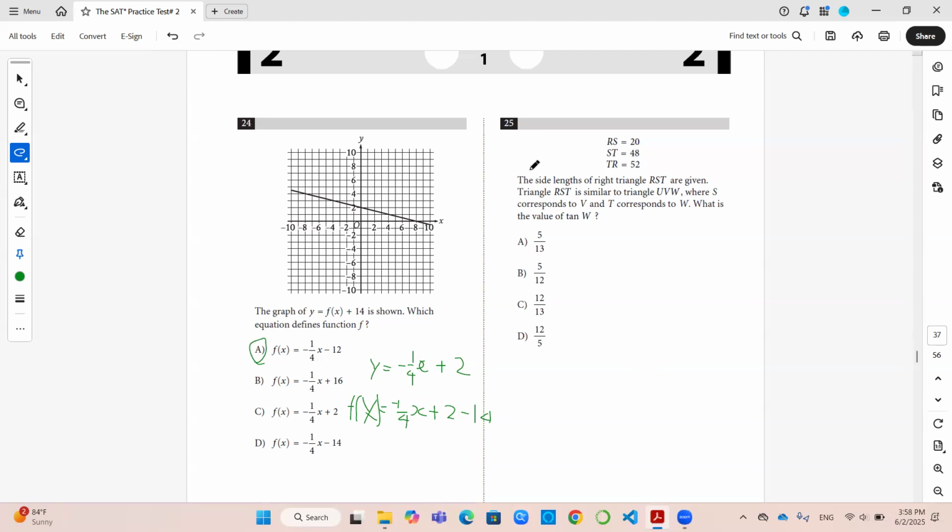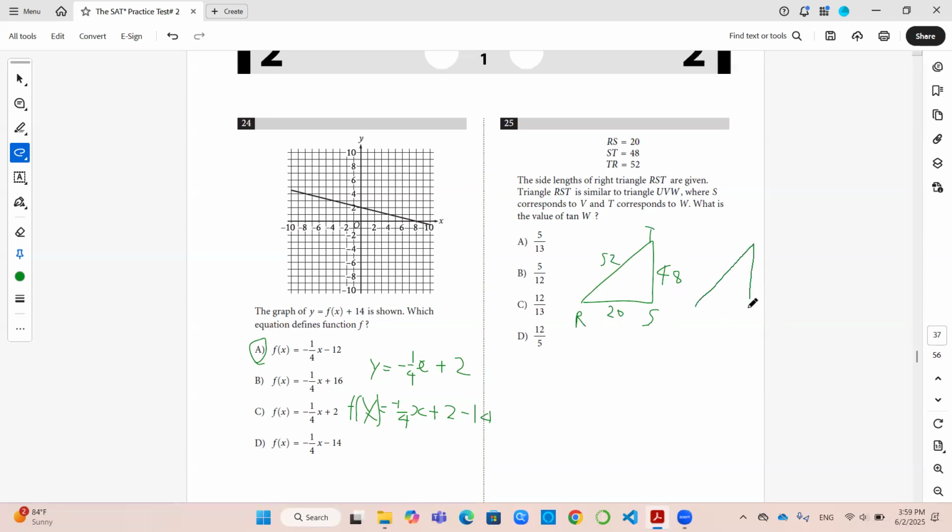Okay, the side lengths of right triangle RST are given. Triangle RST is similar to triangle UVW, where S corresponds to V and T corresponds to W. What is the value of tan W? Okay, so I'm going to go ahead and draw the triangle here. So we have R, S, and T, and we have 20, 48, and 52.